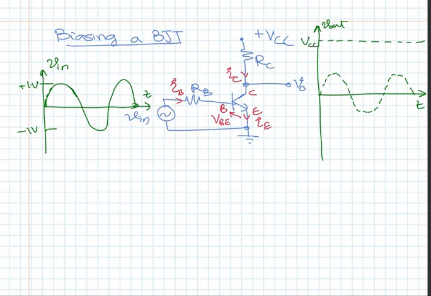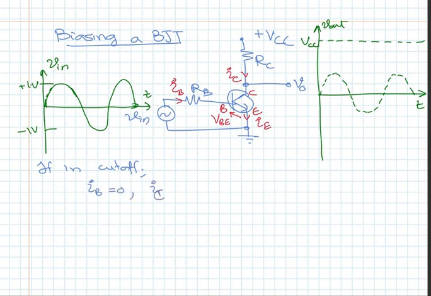So what we know is that if this BJT transistor is in cutoff, then IB is equal to 0, no current in the base as well as no current in the collector.